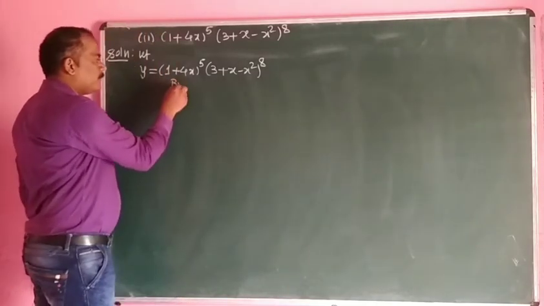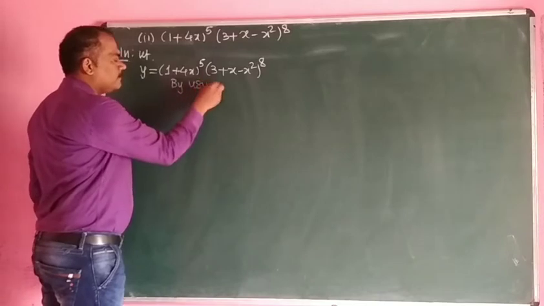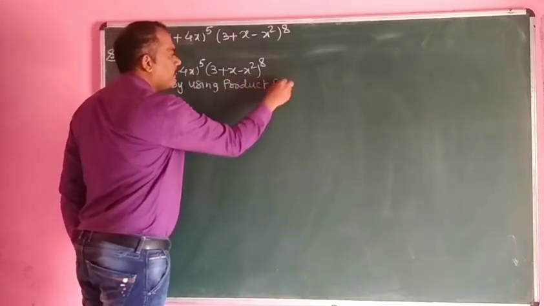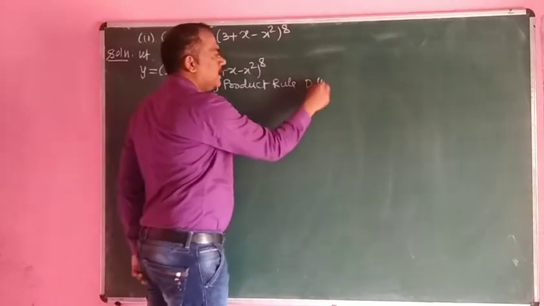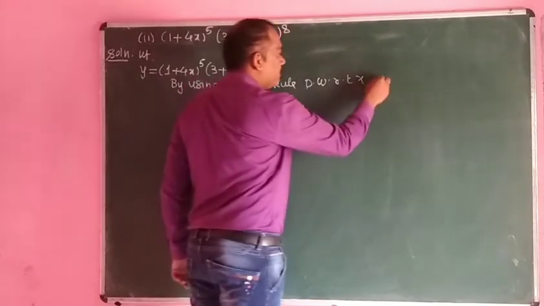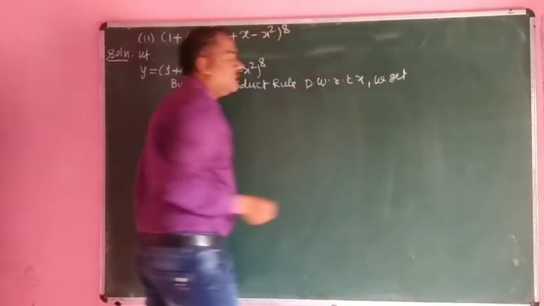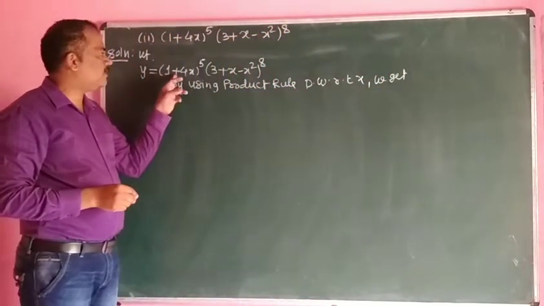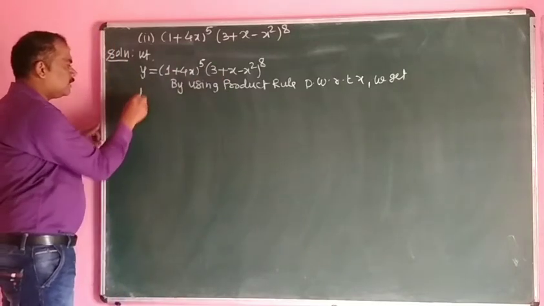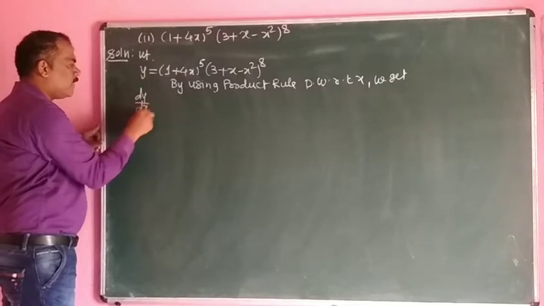By using the product rule, differentiate with respect to x, we get. According to the product rule, this one is the first function, this one is the second function. Now the differentiation of y with respect to x is dy by dx.